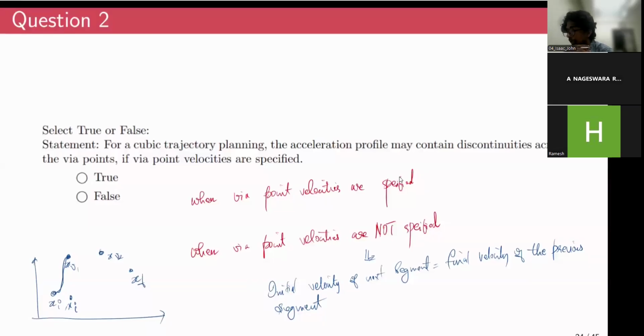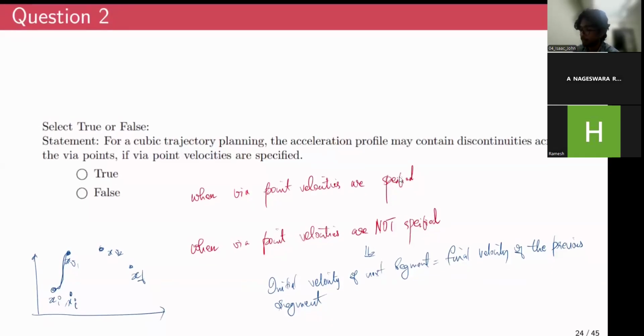I can go back through the slides if more clarification is required. But in that case, the answer would be the first case: when the via point velocities are specified, this is more likely to have discontinuities in acceleration. Here we are essentially splicing the velocities of the previous segment to the next segment.